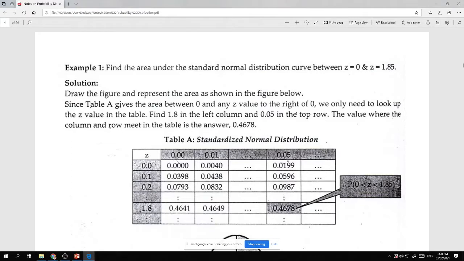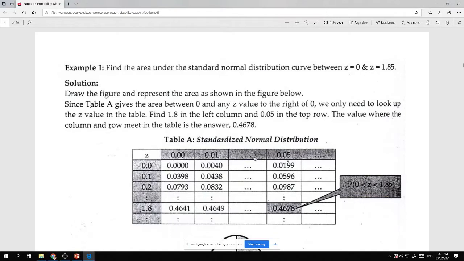The thing that you did last time using the table, whatever is the answer there, that is the area under the standard normal distribution between 0 and the given z.